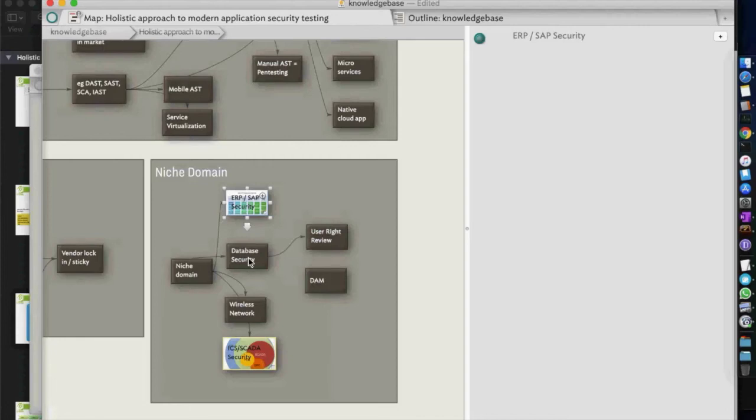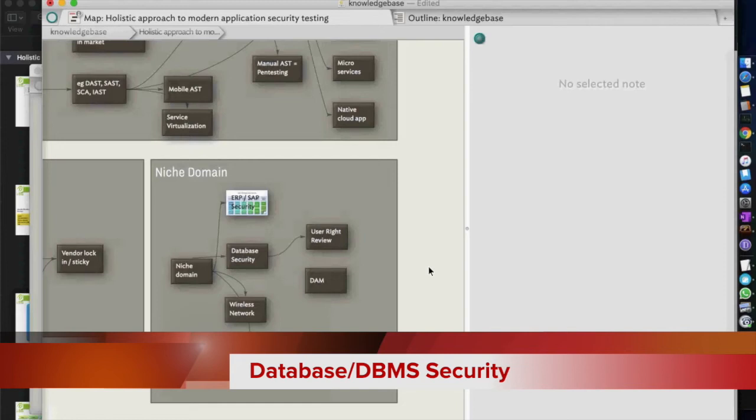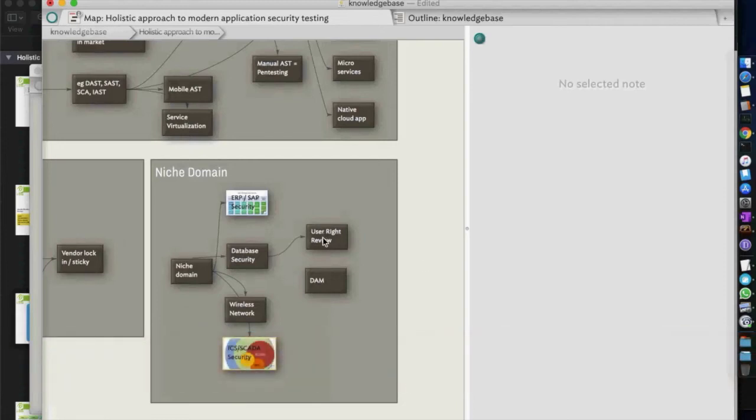Then of course we're touching already on database security. In particular, they have a kind of tool that can perform user rights review, to know exactly from that specific database who has unusual and abnormal access rights to any specific table and so on.